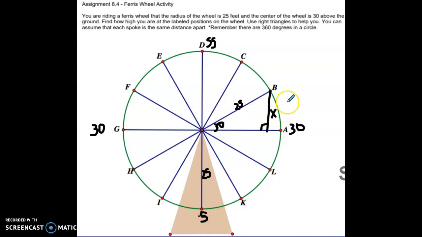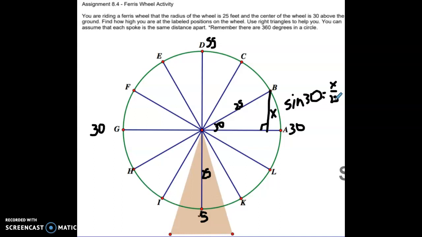We're going to use sine. So sine of 30 equals opposite, which is x, over 25. Now to solve for x, we're going to get the x alone, so we're going to multiply both sides by 25. So what that means, you're going to grab a calculator and go 25 times the sine of 30.